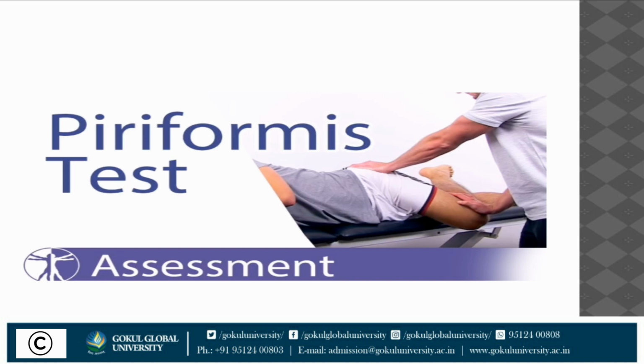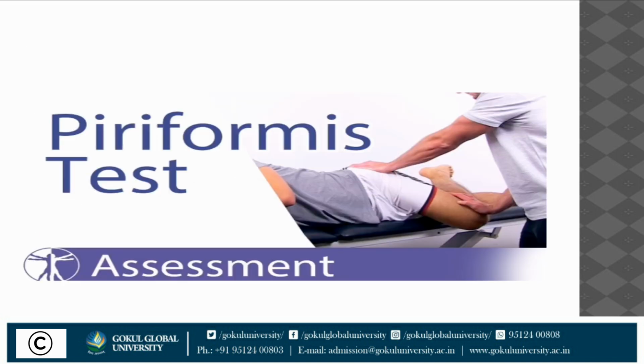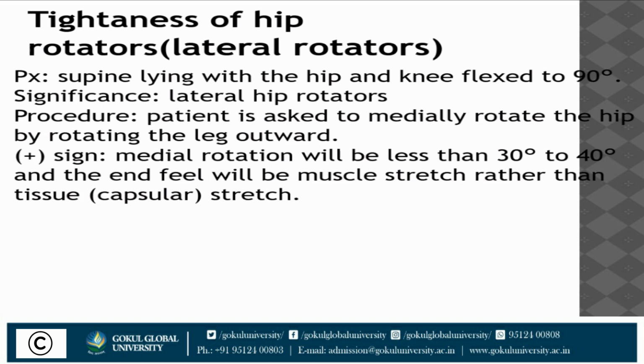So if radiating pain or pain in the buttocks occurs, that means piriformis muscle tightness or piriformis syndrome is present. So the test is positive for both pathologies. So that was the piriformis test. This is also very important.